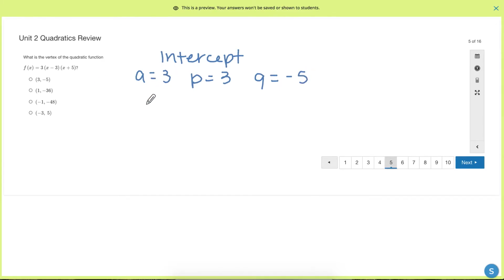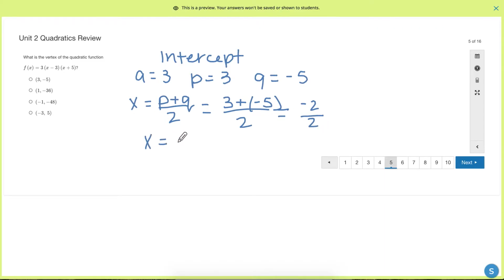We are going to find the axis of symmetry first, and the formula for that is P plus Q divided by 2. Our P value is 3 plus -5 all over 2. That gives us -2 over 2, so our x equals -1.